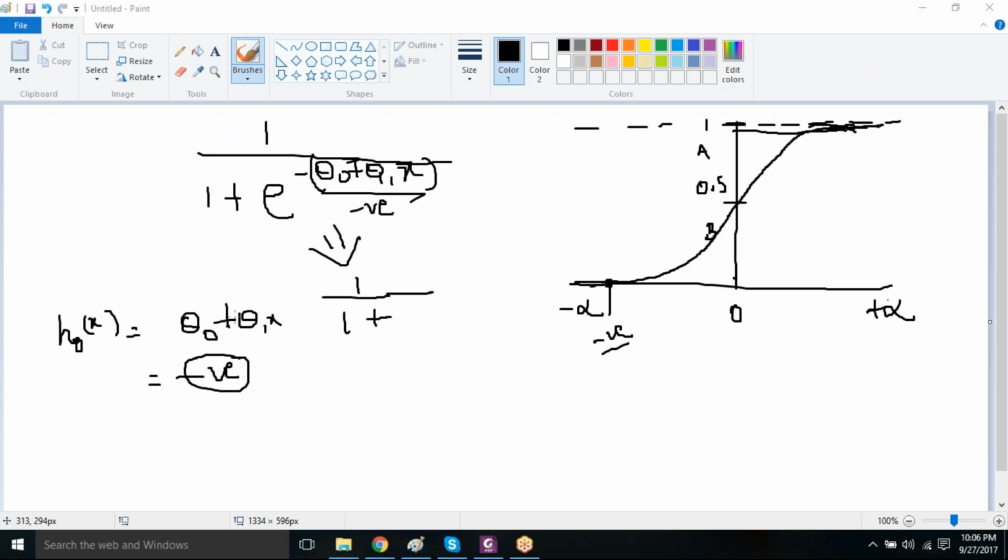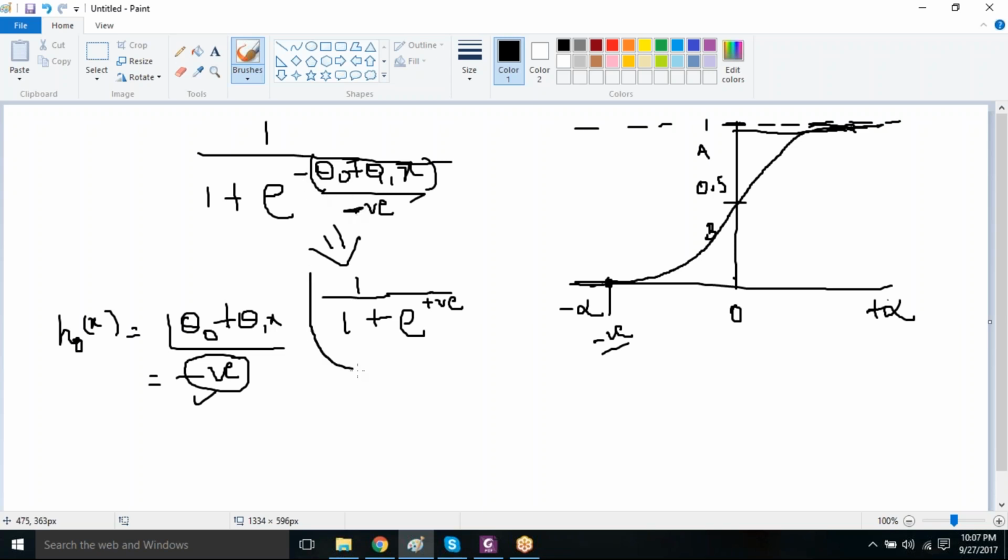So suppose this number comes out to be a very negative number, a big negative number. So now this thing is basically a negative number lying over here. What happens is this becomes 1 upon 1 plus e raised to the power of a big positive number, because there was already a negative and this is also negative, so negative will become positive.